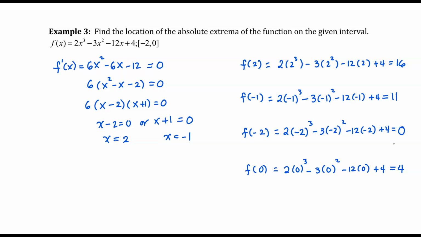So this is the absolute minimum. And the highest value in this case is at x equals 2. So this 16 here is the highest value. That's your absolute maximum.